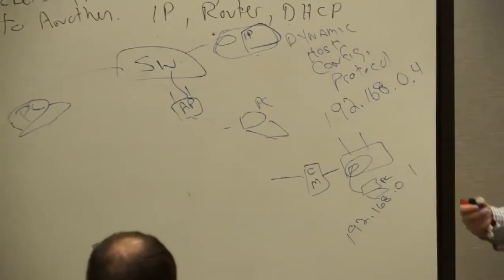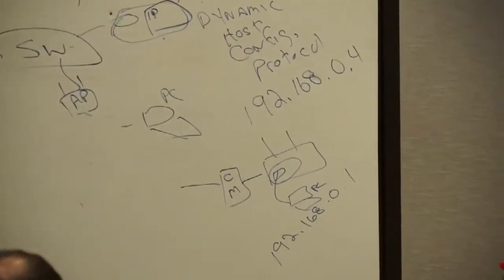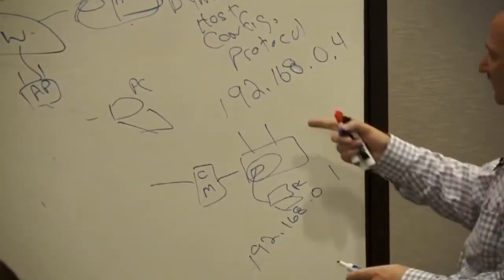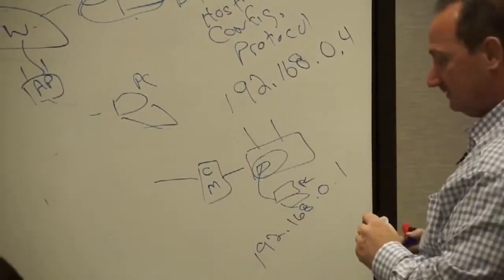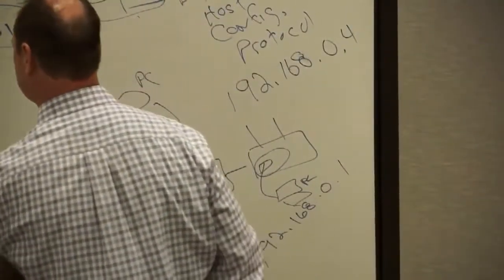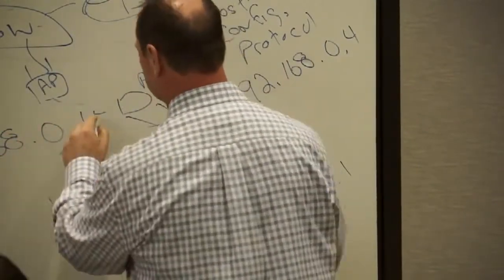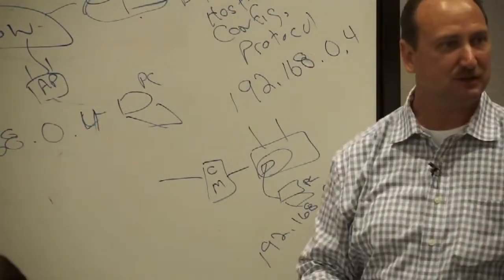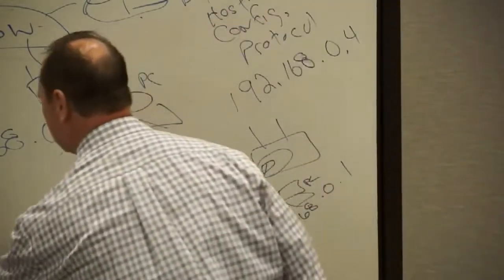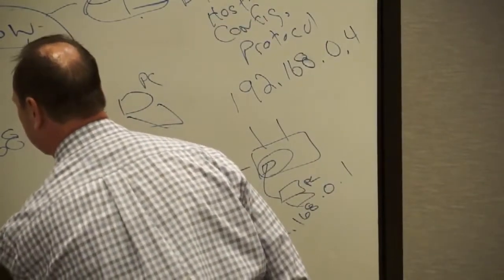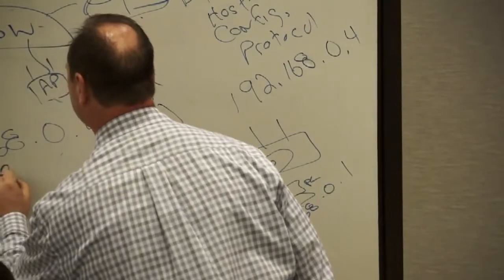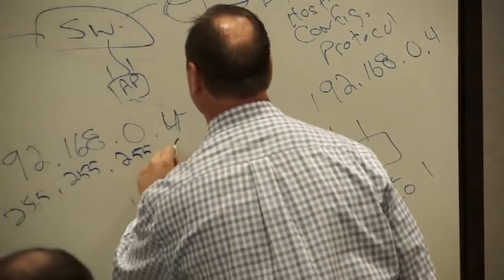And an IP address has at least 3 parts. It's got the IP address, 192.168.0.4, let's say. It's going to have something called a subnet mask. It's going to look like this: 255.255.255.0.